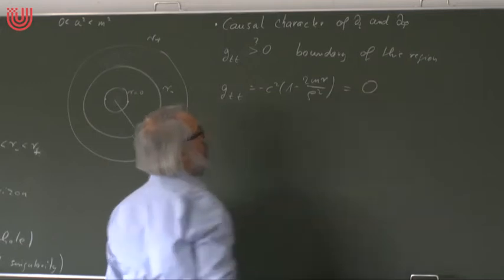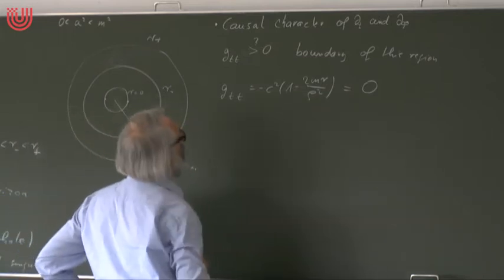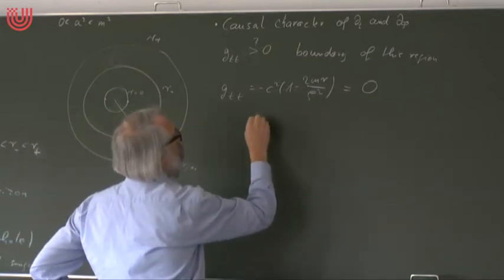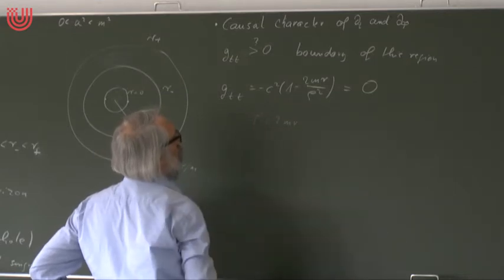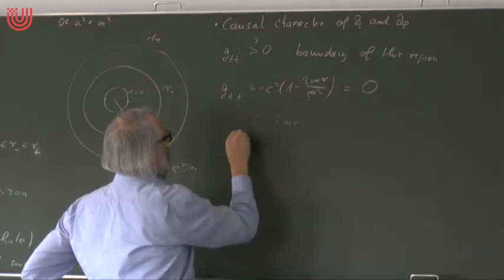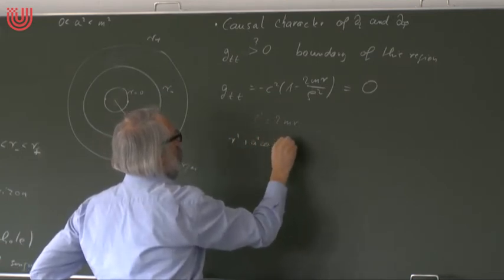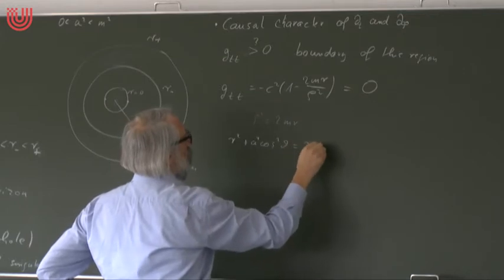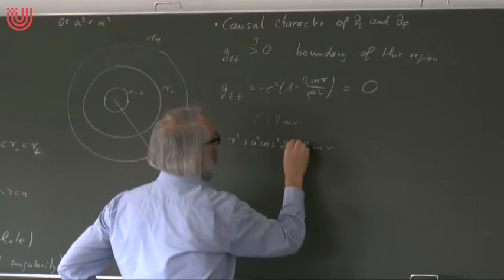And on the boundary, this must become equal to 0. What does this mean? Well, c squared, of course, is not equal to 0. We must have rho squared equal to 2mr, and rho squared was r squared plus a squared cosine squared theta. It's 2mr.